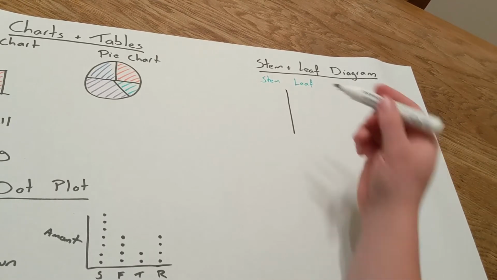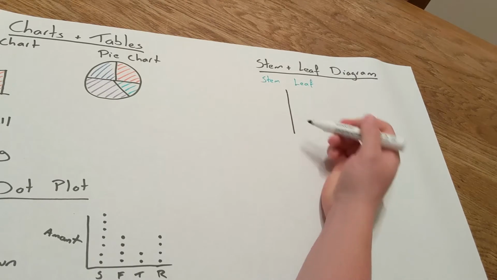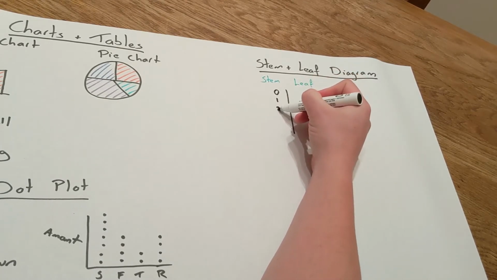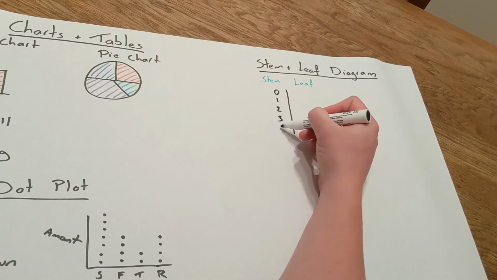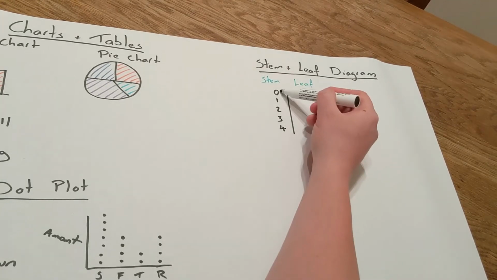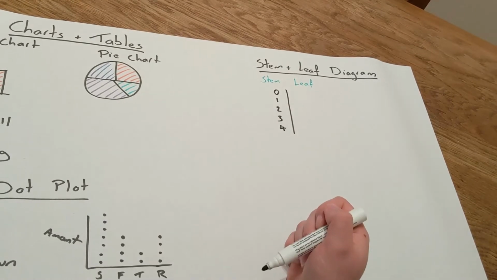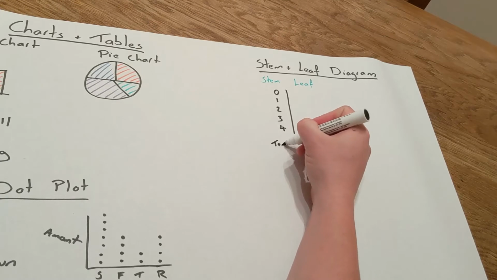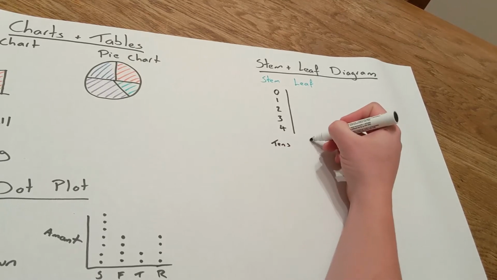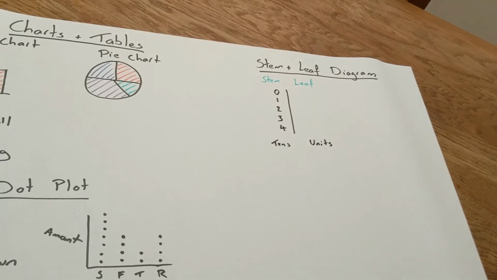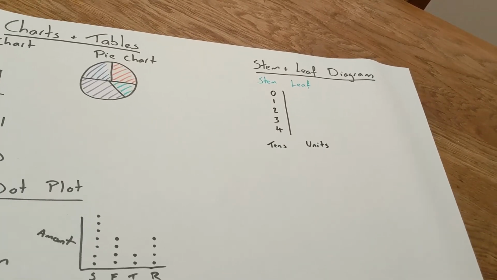Okay, so down this side of your stem and leaf, then you're going to have here 0, 1, 2, 3, 4, and these stand for your tens. So a stem and leaf diagram is split up into tens on this side and units on this side. That's how most of them are split up. You could do something a wee bit different, but we don't need to worry about that.